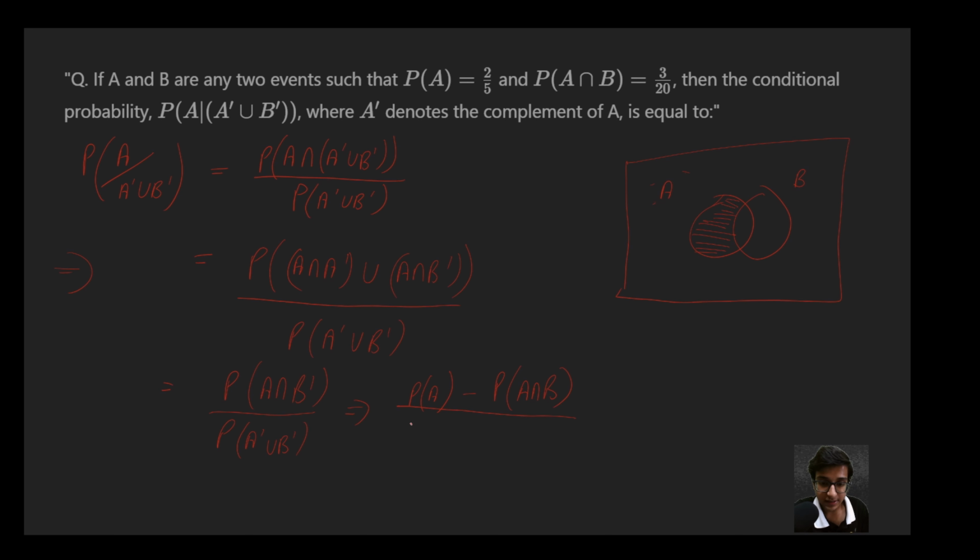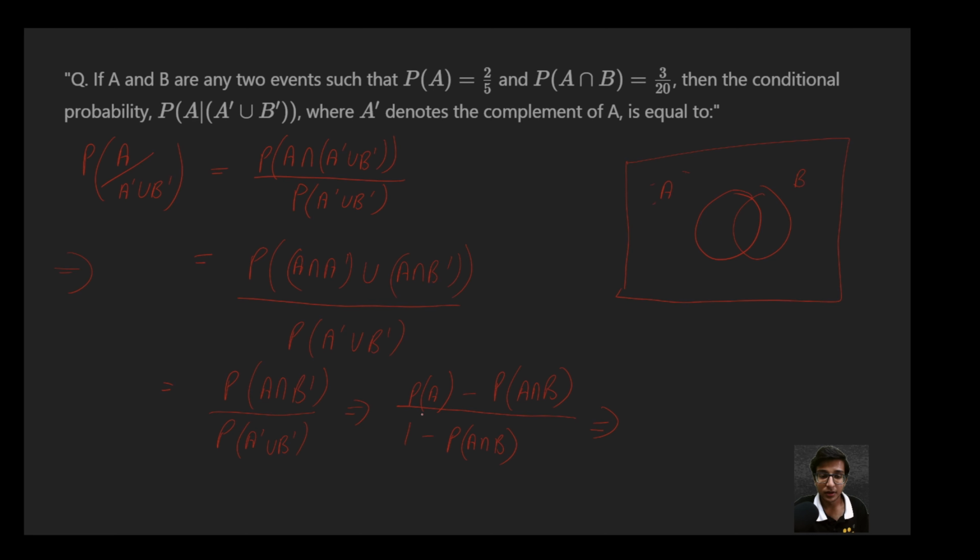This can be written as simply 1 minus P(A intersection B), we simply are not including the portion that is in the intersection. That is what we mean by A complement union B complement, right? So now we have simplified this into the simplest version.